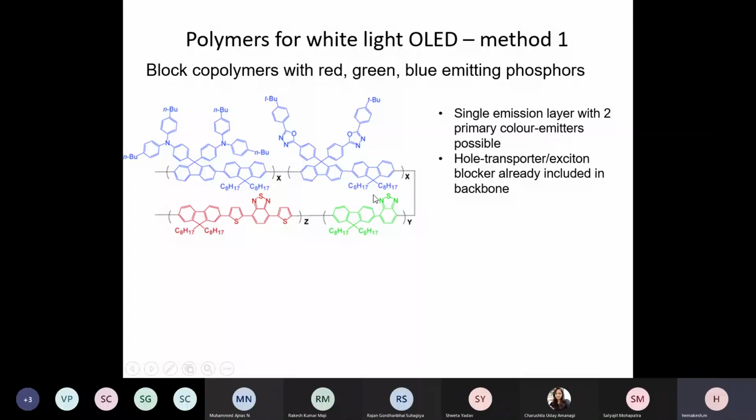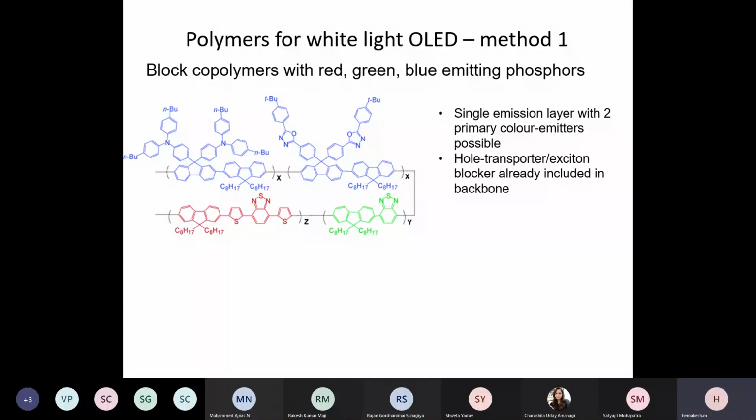You have polyfluorenes conjugated to, again, some unusual structures, that are green emitters and red emitters. So this is another way of combining everything in one place. A single polymer having blue emitters, green emitters, and red emitters, as well as groups that modulate the charge carrier mobility in a single polymer.